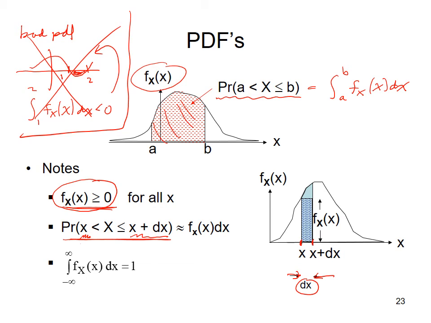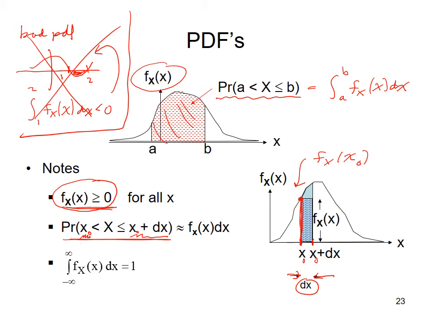But remember, in calculus, we often approximate that by taking the height of the rectangle. In fact, I wish I'd called that x naught, and this is x naught plus dx. So the probability that capital X is between x naught and x naught plus dx: this point right here, the height of the rectangle, is f_X(x naught).